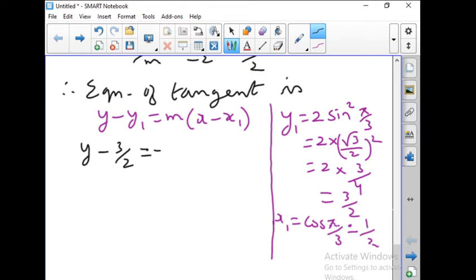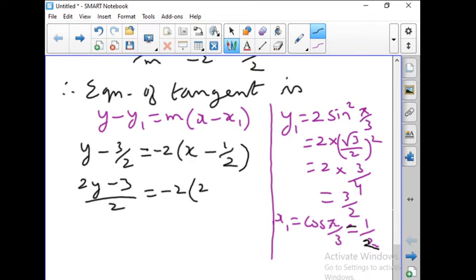So y minus 3 by 2 is equal to m, which is minus 2, into x minus 1 by 2. Okay, x1 is 1 by 2. So now again taking LCM, 2y minus 3 by 2 is equal to minus 2 into 2x minus 1 by 2. 2 gets cancelled.